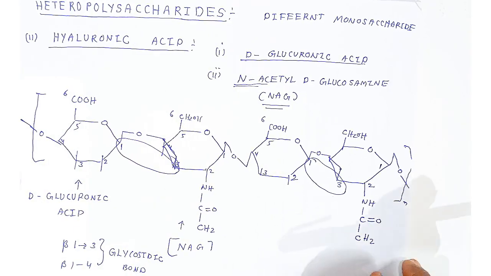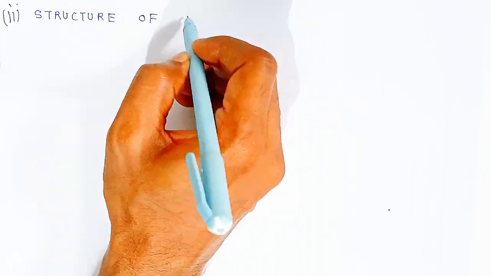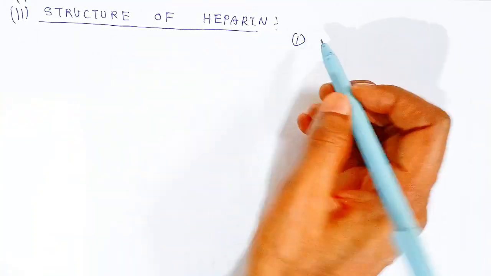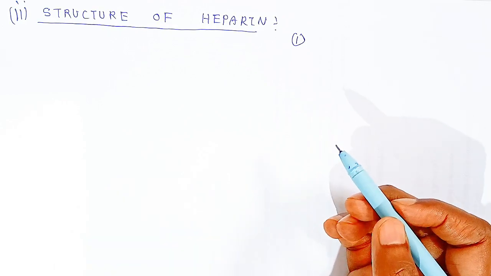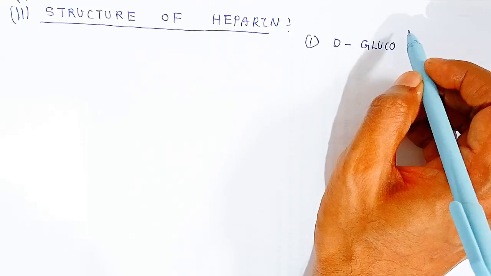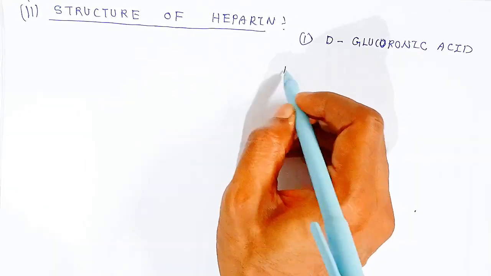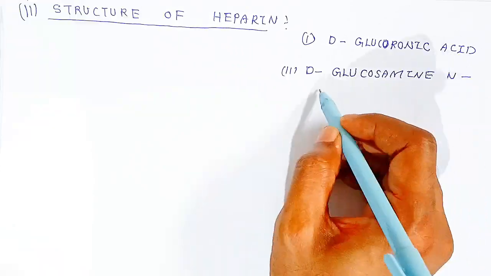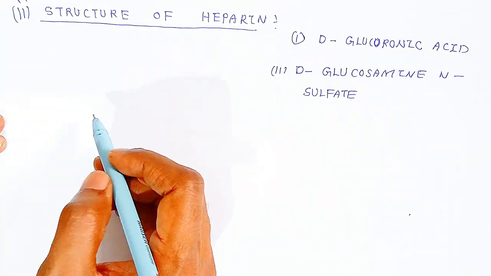Very simple, students. Now second, we are going to see heparin. Here, students, we have two types of monosaccharide. First is called D-glucuronic acid and the second monosaccharide is D-glucosamine N sulfate.